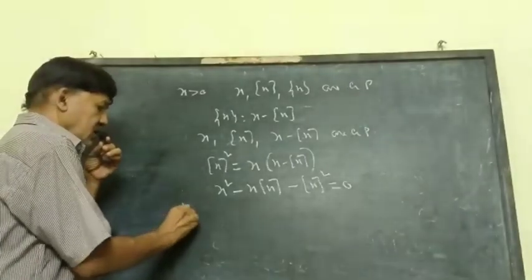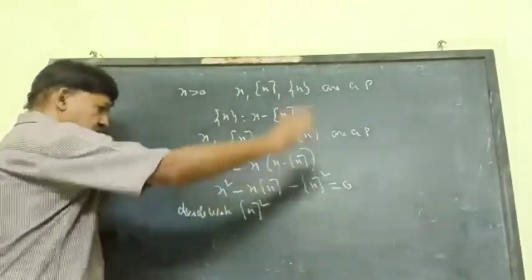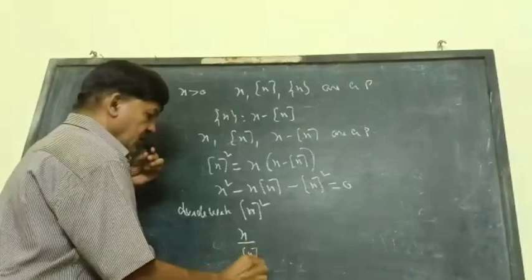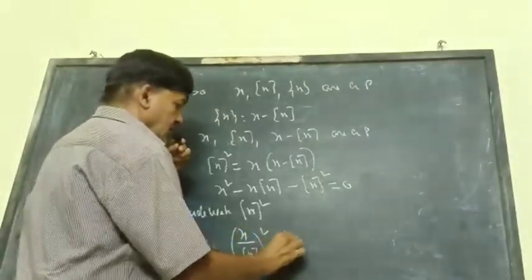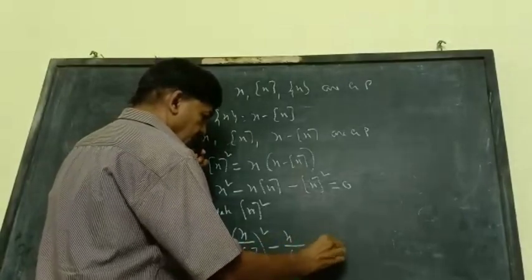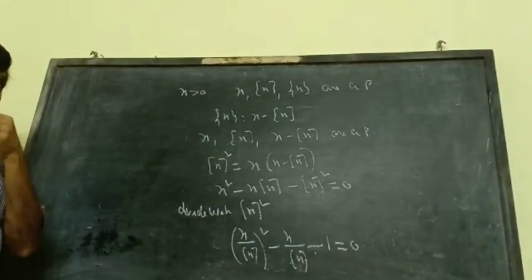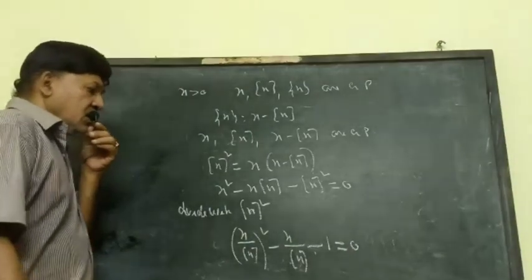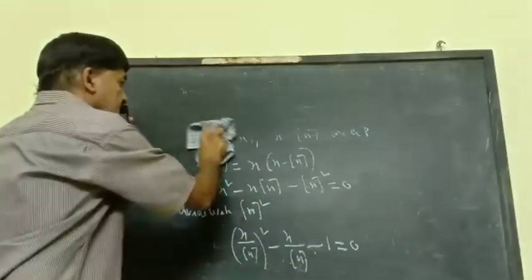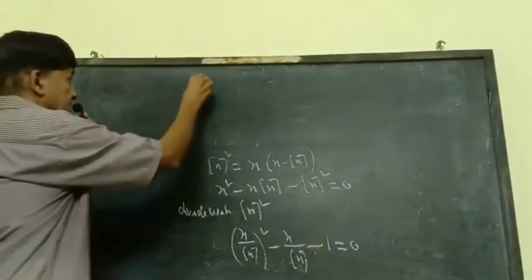You divide by step x whole square throughout. You will get x by step x whole square minus x by step x minus 1 equal to 0. So you got a quadratic in x by step x. You solve this.